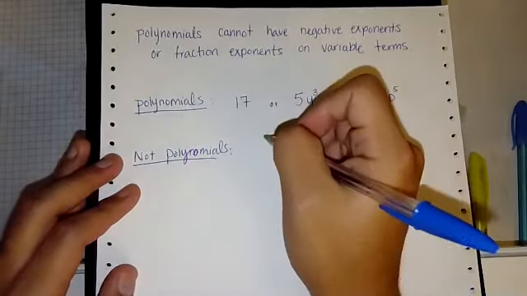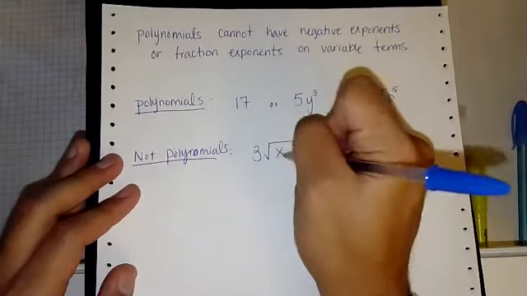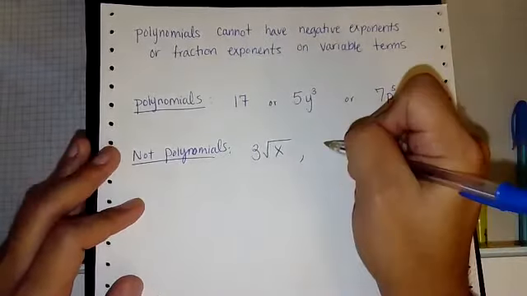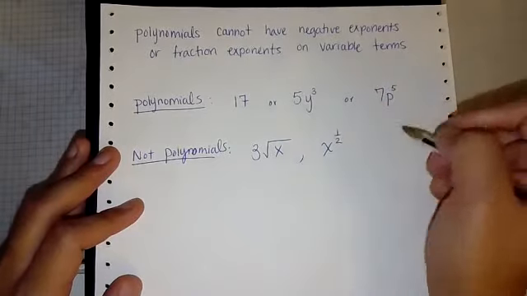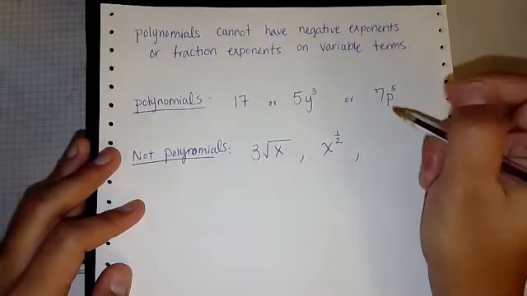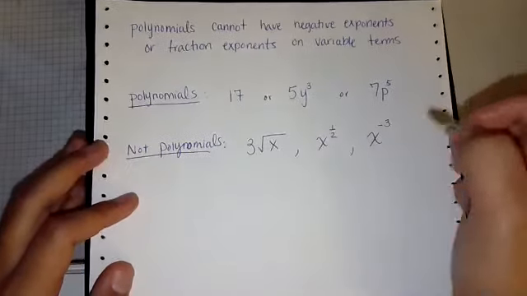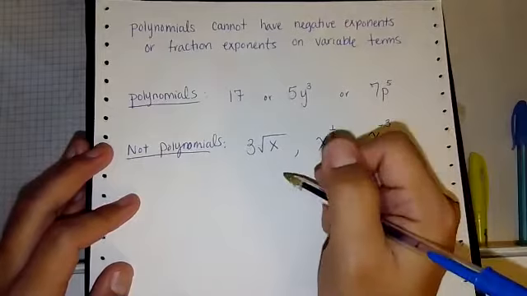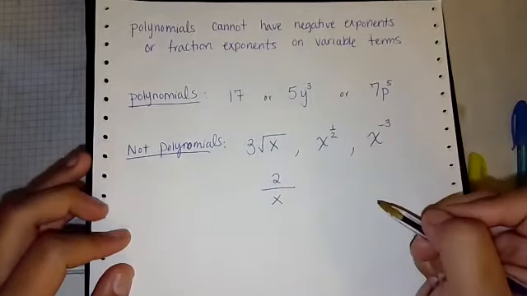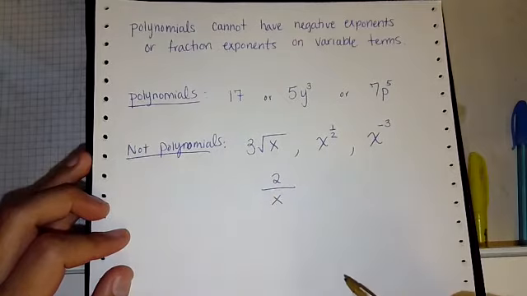So if you have something like 3 times the square root of x, or x to the 1/2 power, or x to the -3 power, or even something like 2 over x, where you have a variable in the denominator of some fraction.